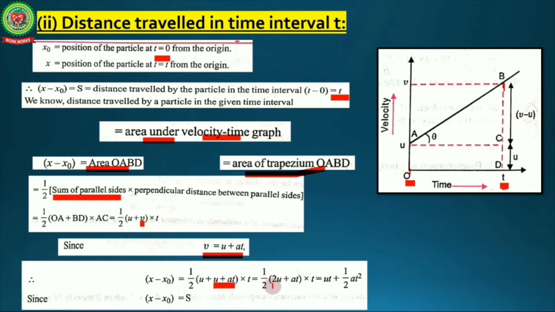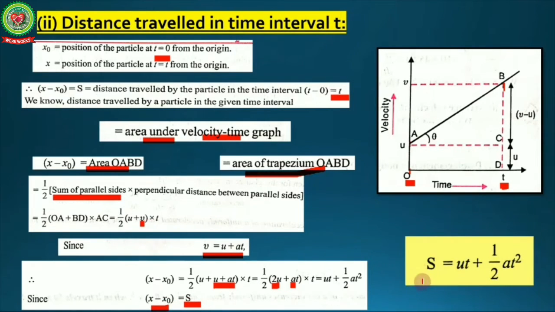U plus u will become 2u plus at, into t. After solving it out, we'll get ut plus half at square. And we know that x minus x naught is the displacement s. Therefore, s is equal to ut plus half at square. And this is the second equation of motion, in which we can find the displacement in a given time interval t.